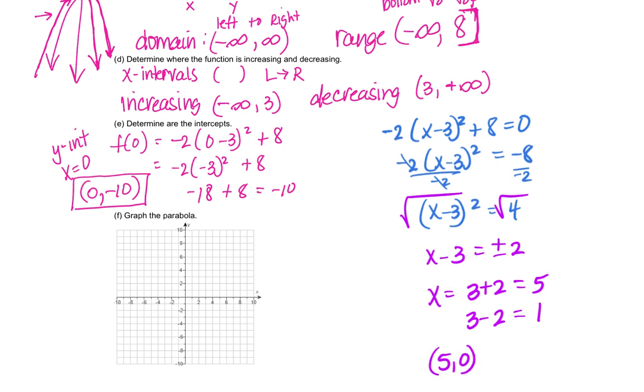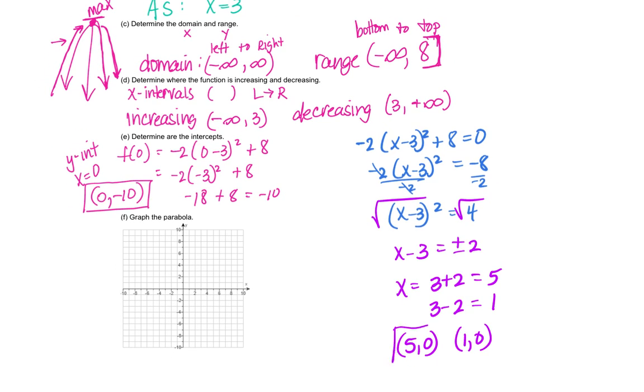So (5, 0) and (1, 0). So your x-intercepts. So you could say x is 5, x is 1, or you could list them as points depending on what format it's asking.